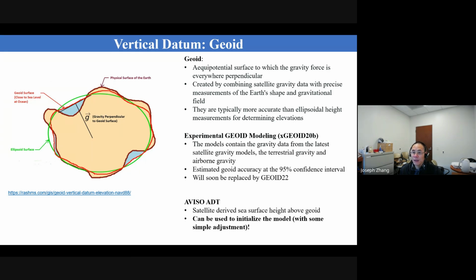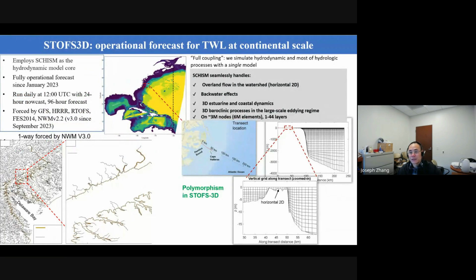Next slide. Yeah. So we've been working with NOAA groups to develop this STOFS-3D forecasting system. STOFS-3D was originally designed to accurately predict the total water level at the continental scale, right? The figure in the middle shows the current domain coverage for STOFS-3D.